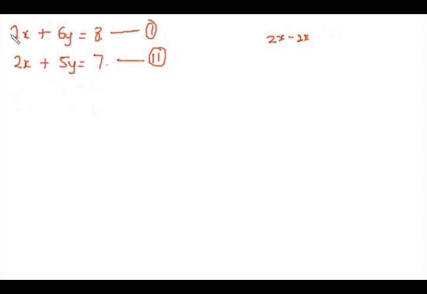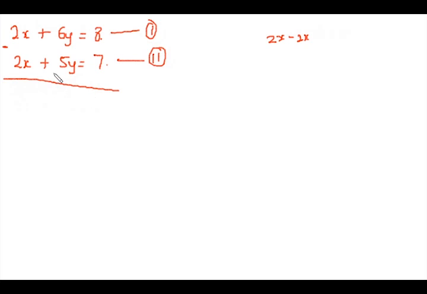If I have 2x and 2x, and I'm deciding to eliminate the variable x here, I'd have to subtract in this case, because if I added 2x plus 2x, it wouldn't eliminate. So I'd have to subtract equation 2 from equation 1.